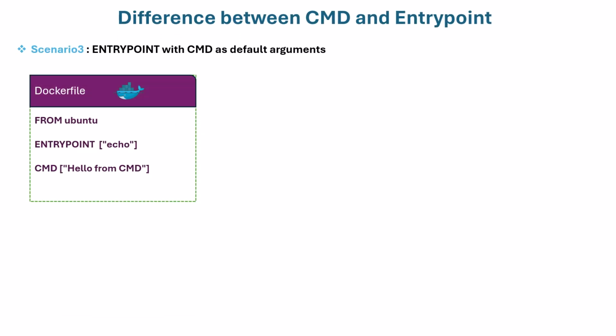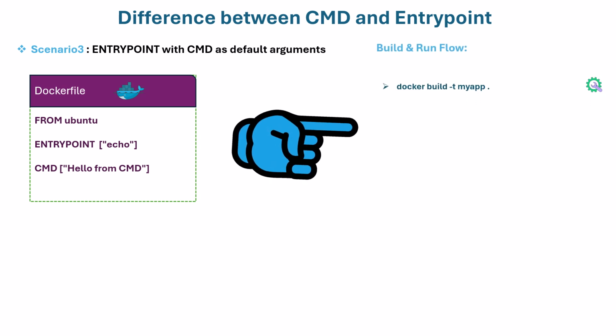Now let's discuss scenario 3, where ENTRYPOINT and CMD are used together. You can see this Dockerfile contains 3 instructions, where it contains ENTRYPOINT with the main executable command echo and CMD with one argument, hello from CMD. Once the Dockerfile is ready, it's time to build the image.